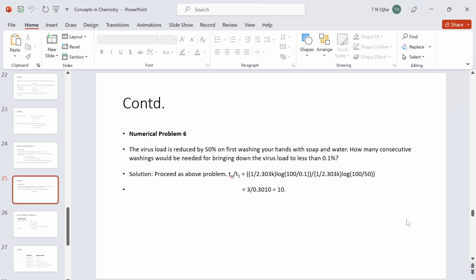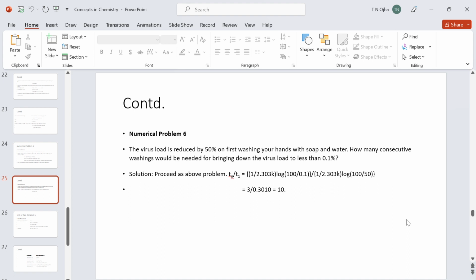Numerical data is given, the numerical problem is given, problem number 6. The virus load is reduced by 50% on first washing your hands with soap and water.